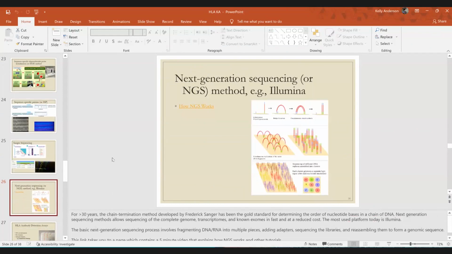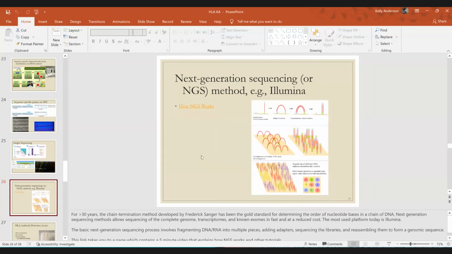And then we start getting into next generation sequencing, which we are in the process of evaluating which assay to use for this. So I don't have any screenshots because we're not currently using this. But it is really nice. Sanger sequencing is very manual, and you can only do so many samples at a time.